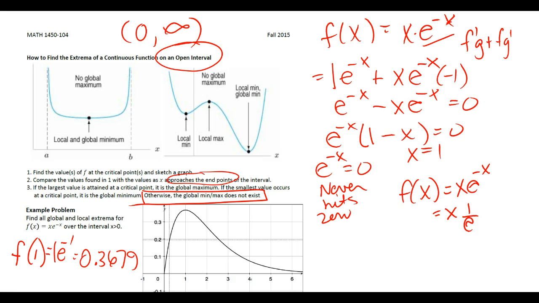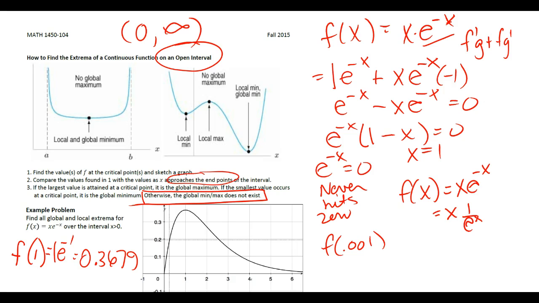So let's see what's happening as we get really, really small. I'm going to take a really small number, let's take 0.001. I should do this with e to the x, isn't it? So I'm going to say e raised to the 0.001.